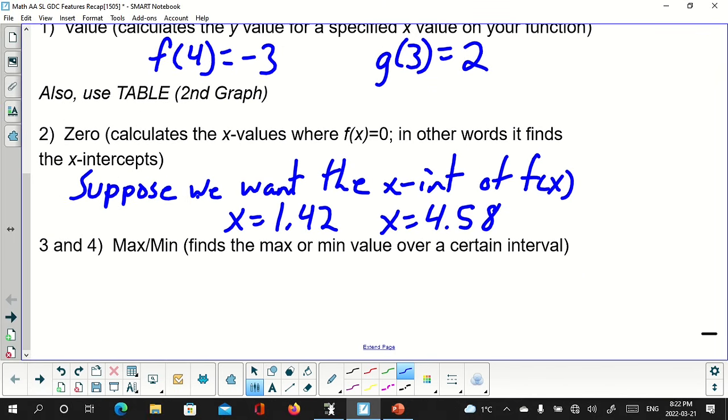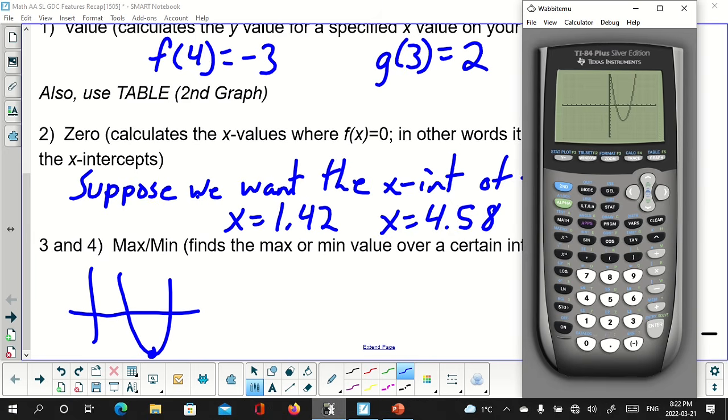The next most important feature is probably the max and min features. So if I have a parabola like I do in f, I might be interested in where its minimum is, what its vertex is. So to do that, I can go and take a look at the graph again. I press second, calc, and I find this nice menu again. I'm going to choose minimum here because this parabola has a minimum on it.